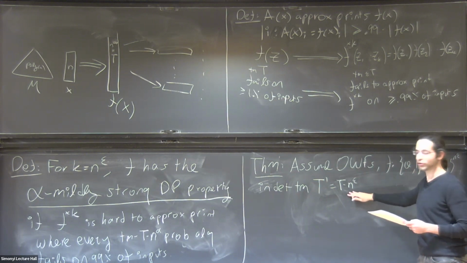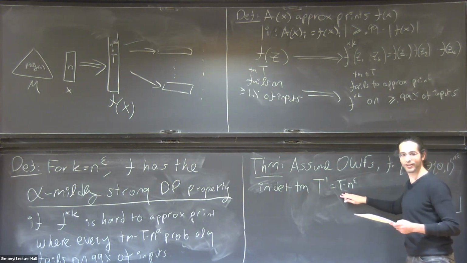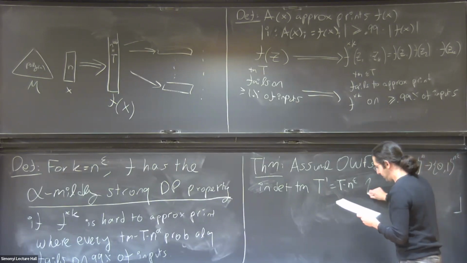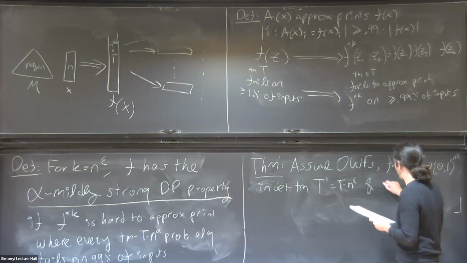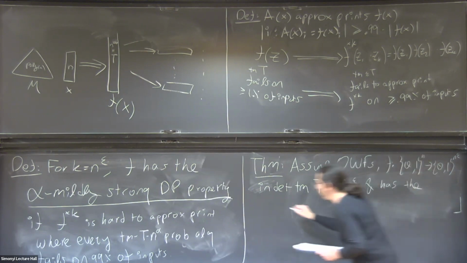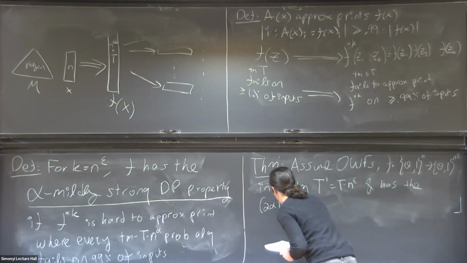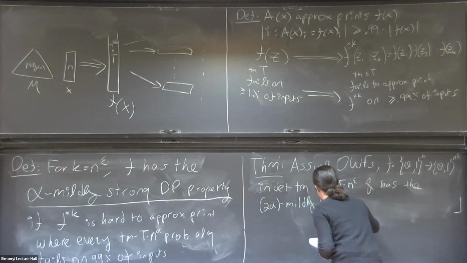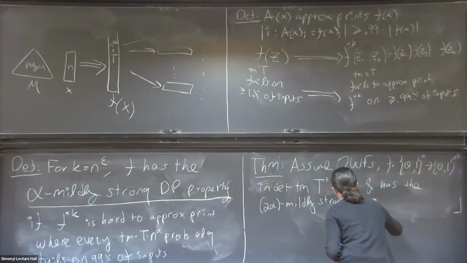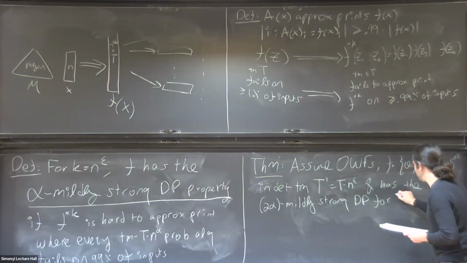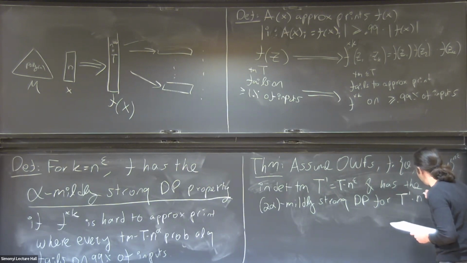This is parametrization. It's computable in deterministic time t prime and has the 2 alpha mildly strong direct product property for probabilistic time t prime times n to the minus alpha.